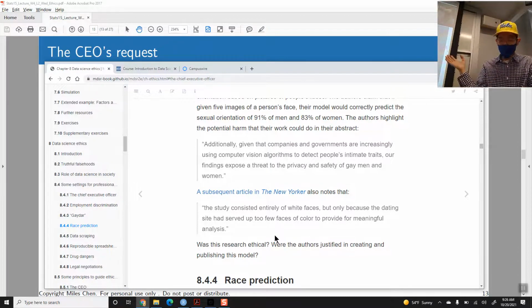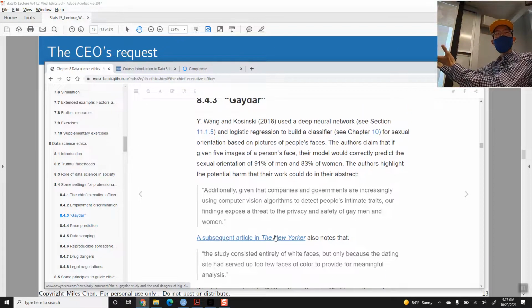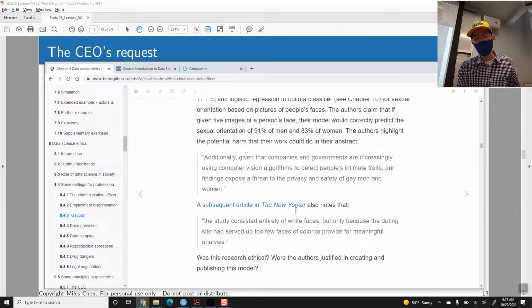So their source of data for the neural network and prediction system was a dating website, and the clients there were mostly white men and women.